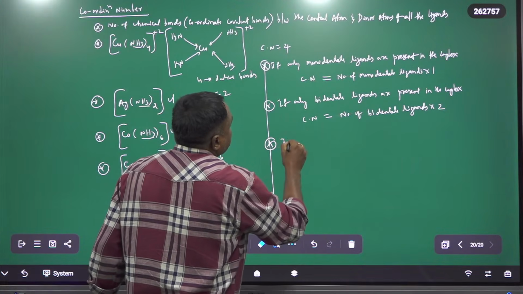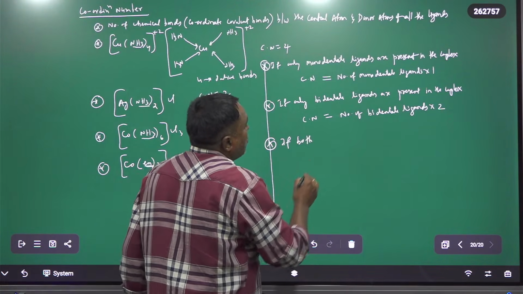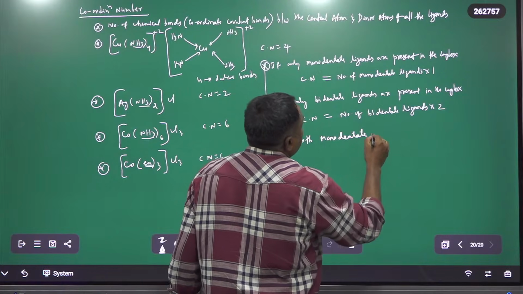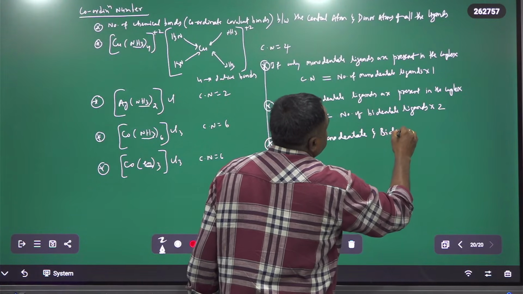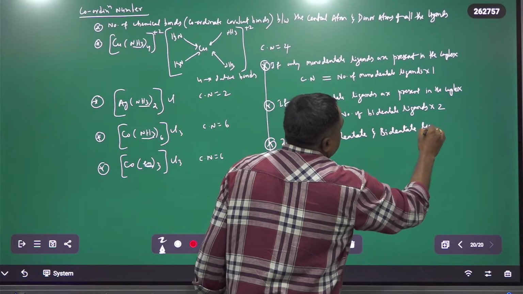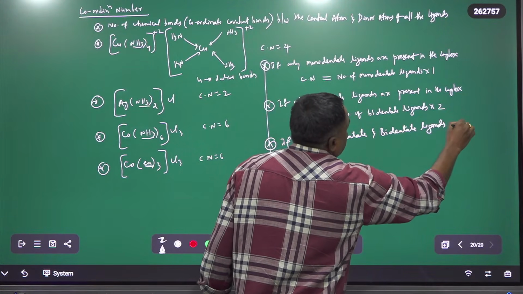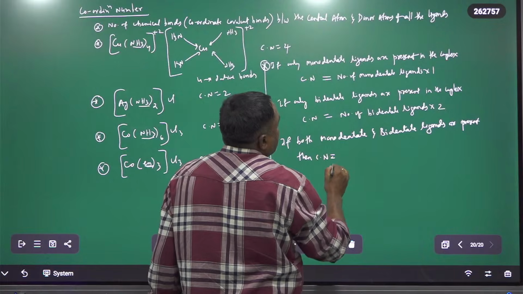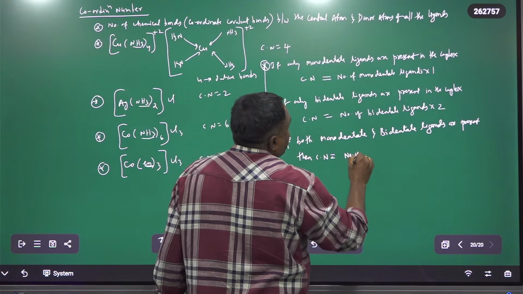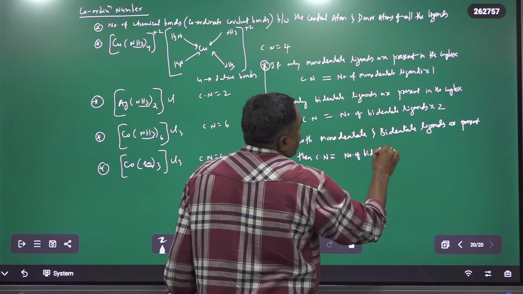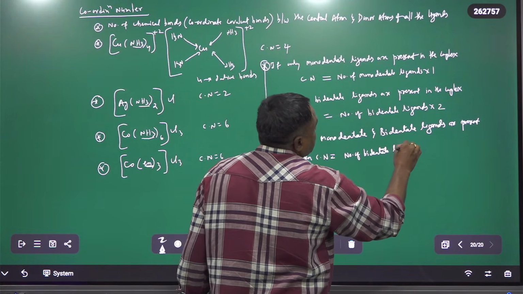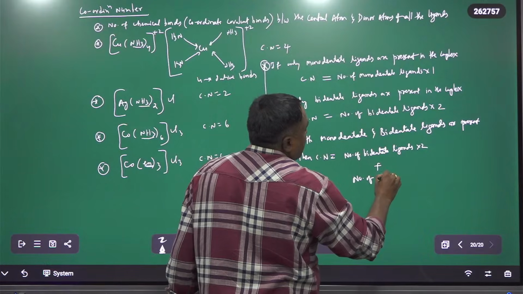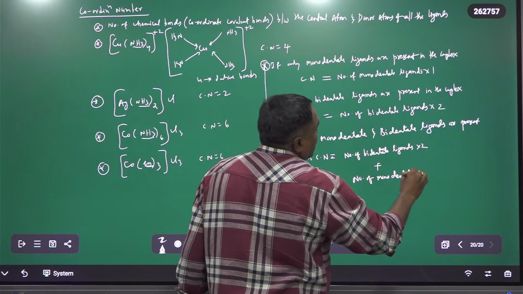If both monodentate and bidentate ligands are present, then coordination number is equal to number of bidentate ligands into 2 plus number of monodentate ligands into 1.